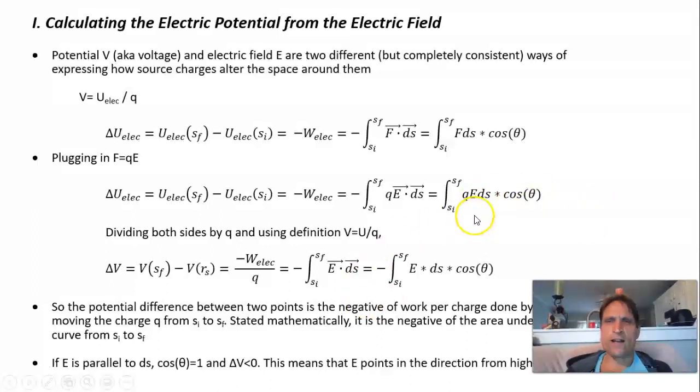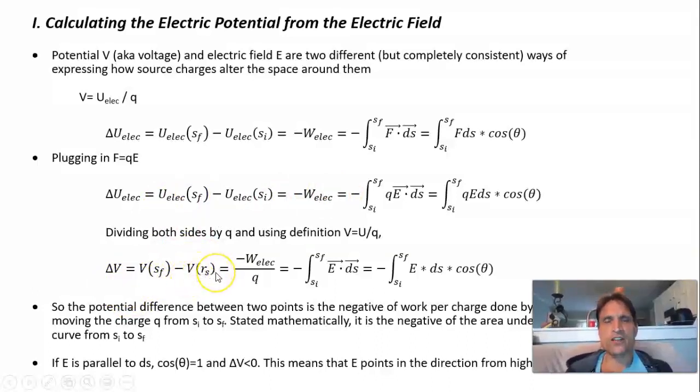Now if we divide both sides of this equation by the charge Q, the left-hand side becomes delta U electrical over Q, which is the electric potential energy per charge. That is by definition the potential or the voltage. And so this equation becomes delta V, which is V final minus V initial.